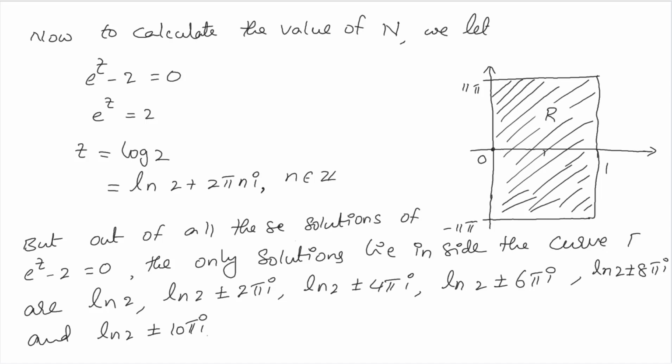And we can see that the value of ln2 is approximately 0.3010, which lies in between the real numbers 0 and 1. So the real part of all of these solutions lies between 0 and 1, whereas for the imaginary part of the solutions to lie between minus 11 pi and 11 pi, the only imaginary values of such solutions are 0, plus or minus 2 pi, plus or minus 4 pi, plus or minus 6 pi, plus or minus 8 pi, and plus or minus 10 pi.